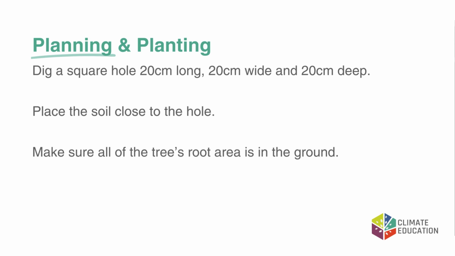If you make your 4 slots in the ground, you can pull the soil out in one cube, if you like. And then we place the soil quite close to the hole.